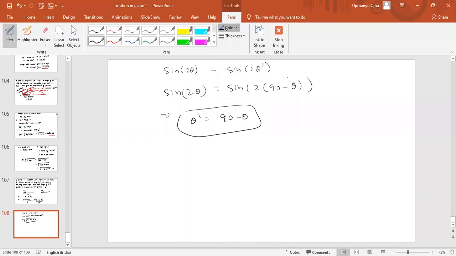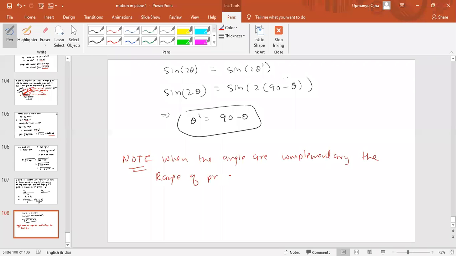So we can make a note here that when the angles are complementary, the range of the projectile is same.